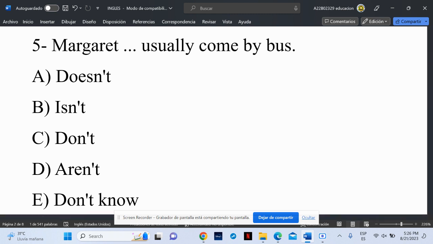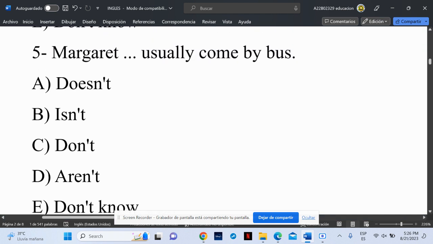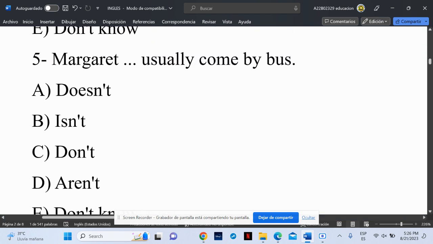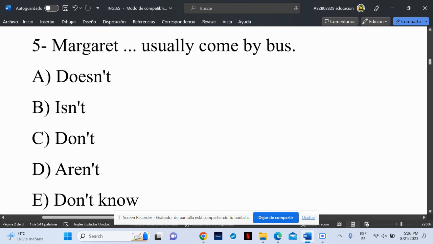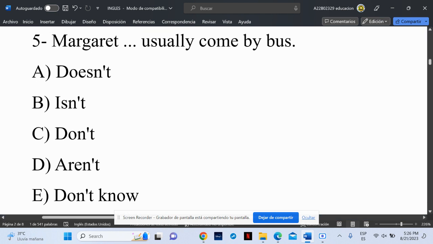If I'm going to select the correct word, the letter A, Margaret doesn't usually come by bus. The next one, Margaret isn't usually come by bus. The letter C, Margaret don't usually come by bus. The letter D, Margaret aren't usually come by bus. And the letter E expresses that you don't know the answer in that case.